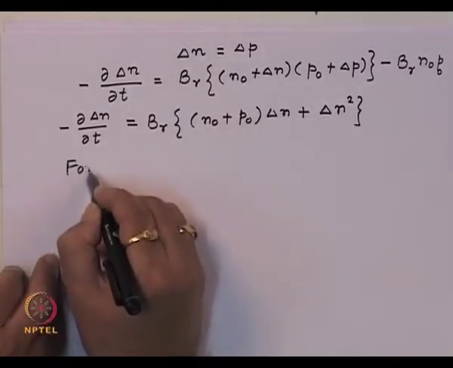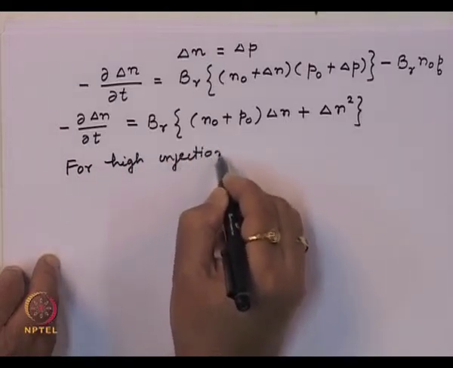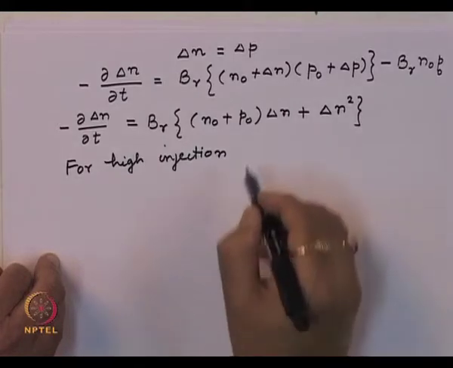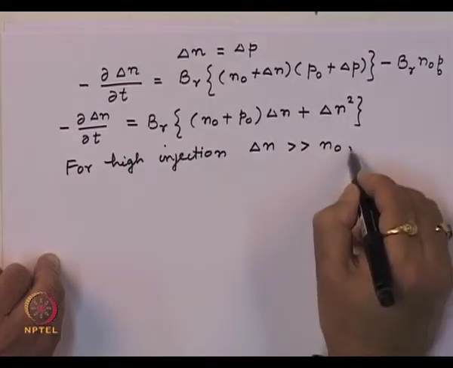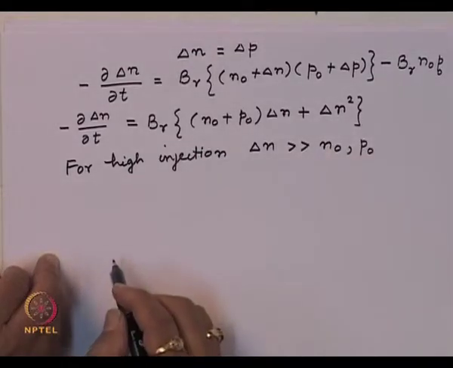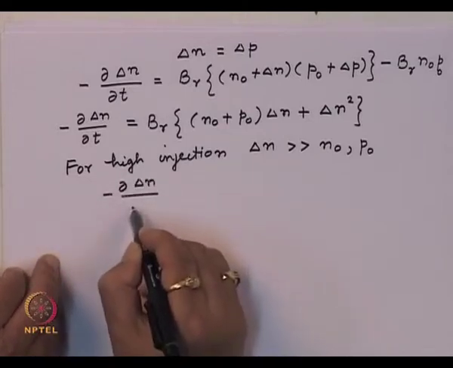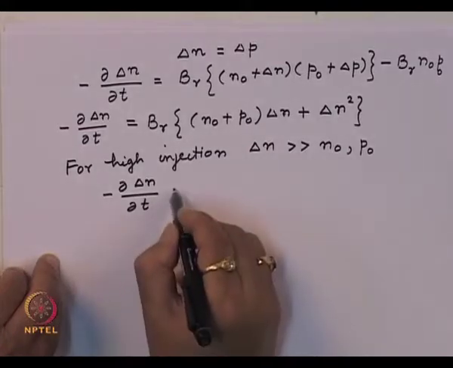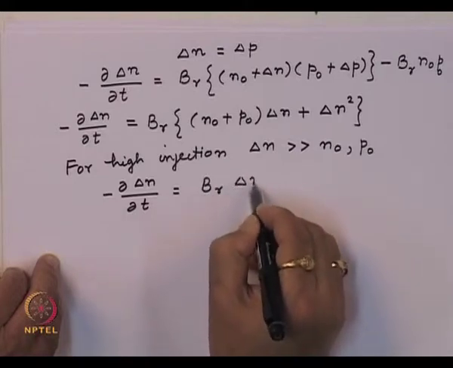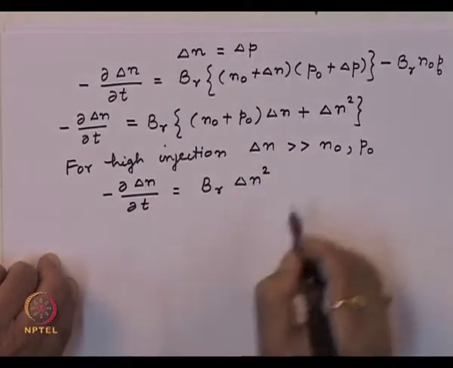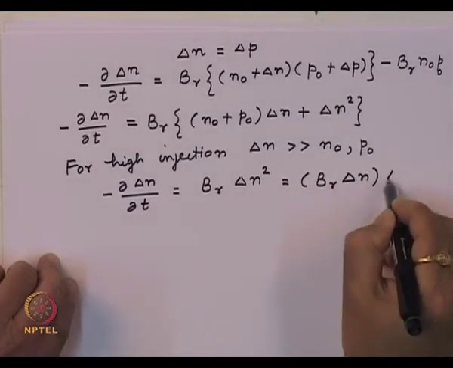So, we get for high injection, delta n is much greater than n0 or p0, and then you get the rate of decrease of the injected carriers, that is equal to Br times delta n square. We can write that as Br delta n times delta n.